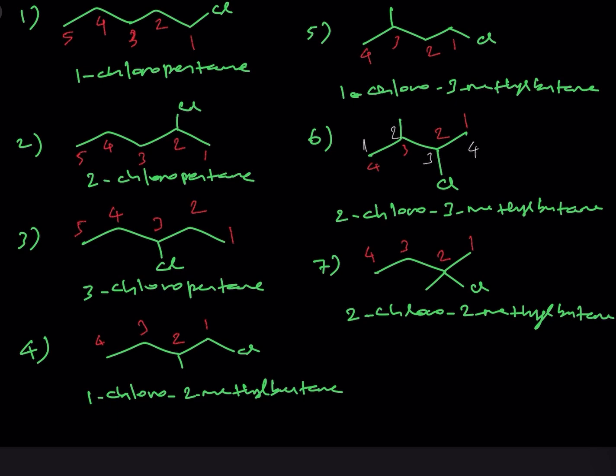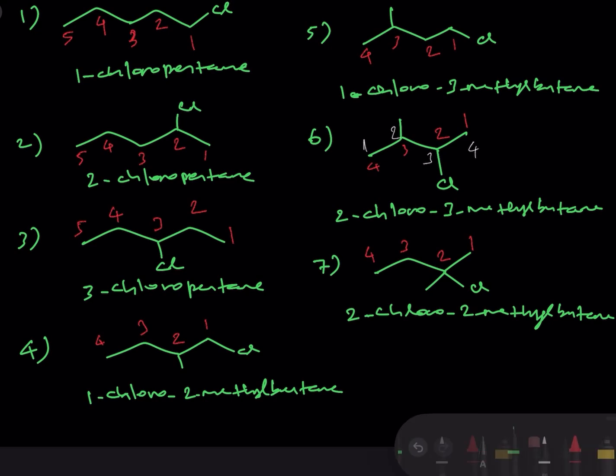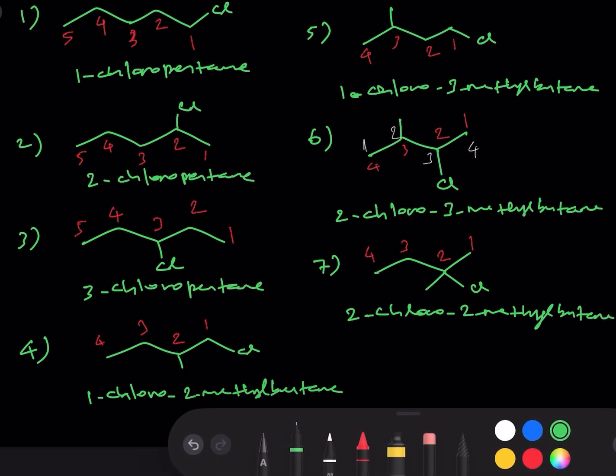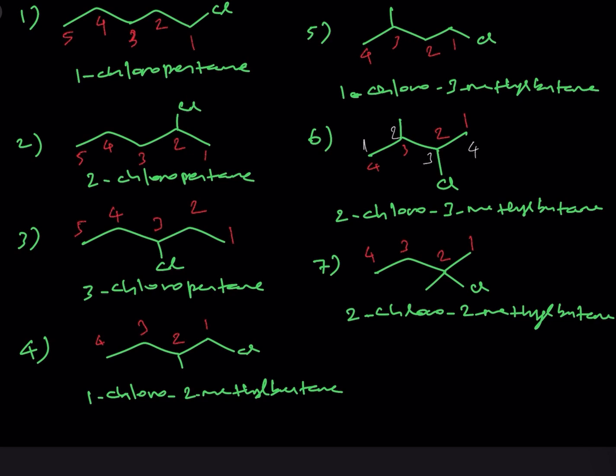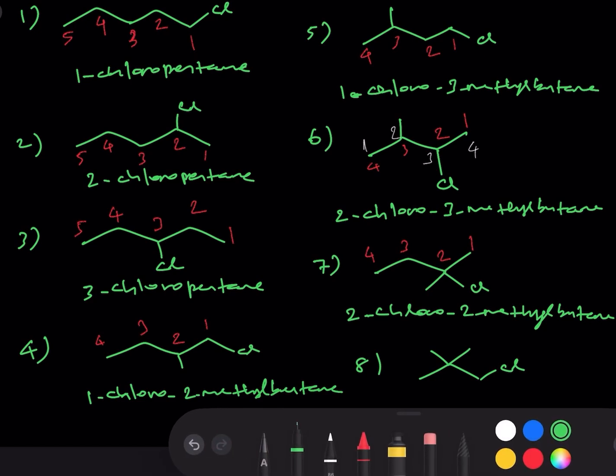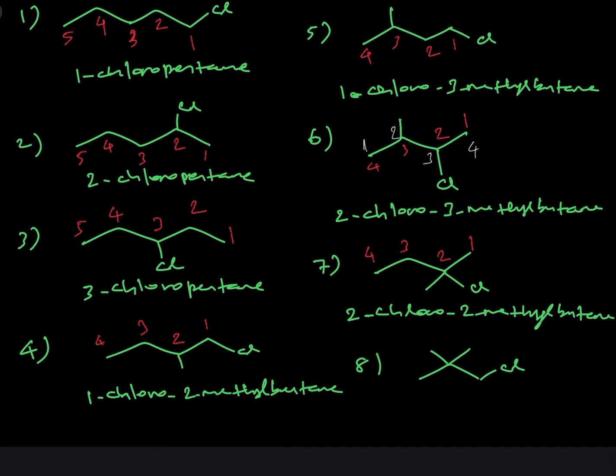Okay, so let's go to the propane chain. So we can also write an isomer like this. So this is 1, 2, 3.